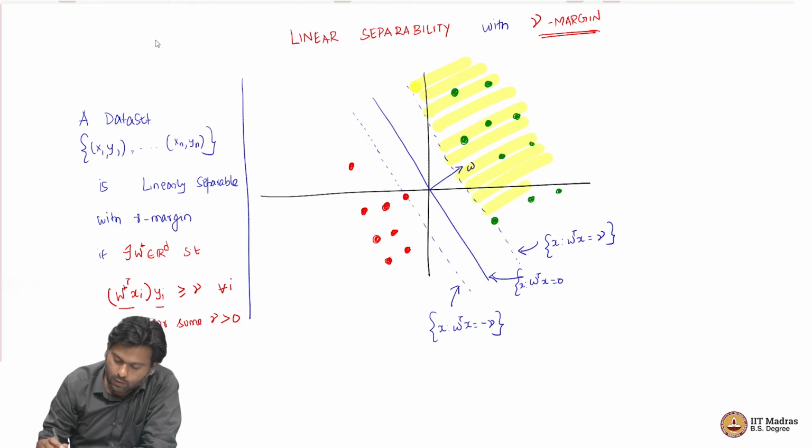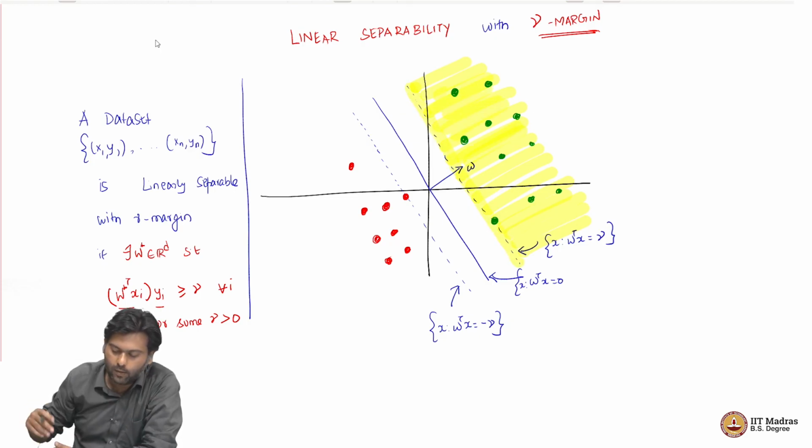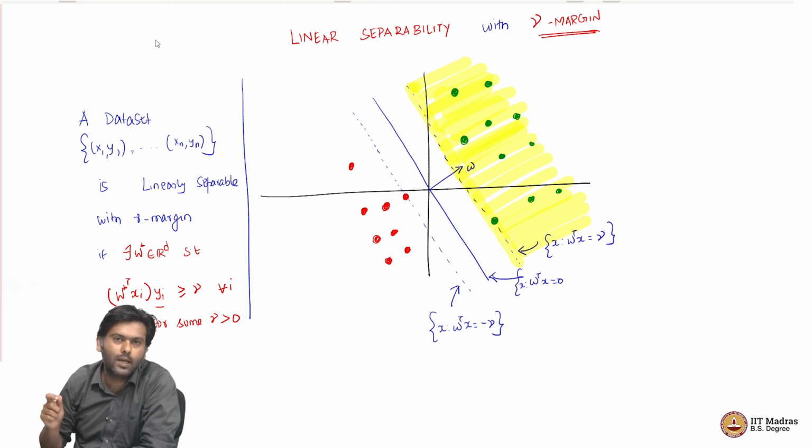When I say this side, it includes this dotted line and everybody on the other side. So, this is the set where W star transpose Xi is greater than or equal to gamma.